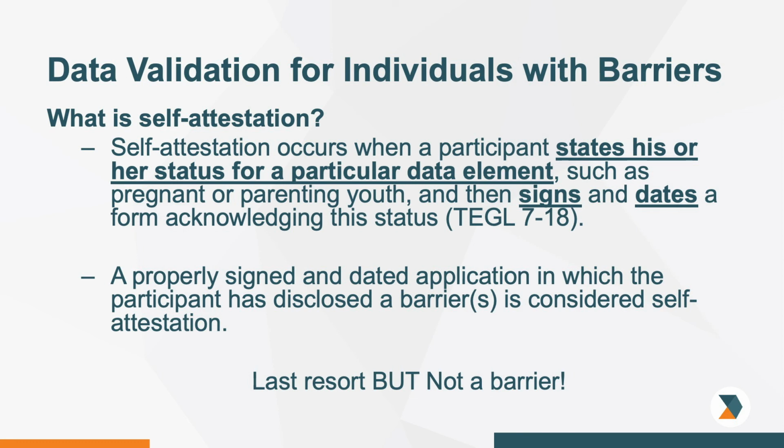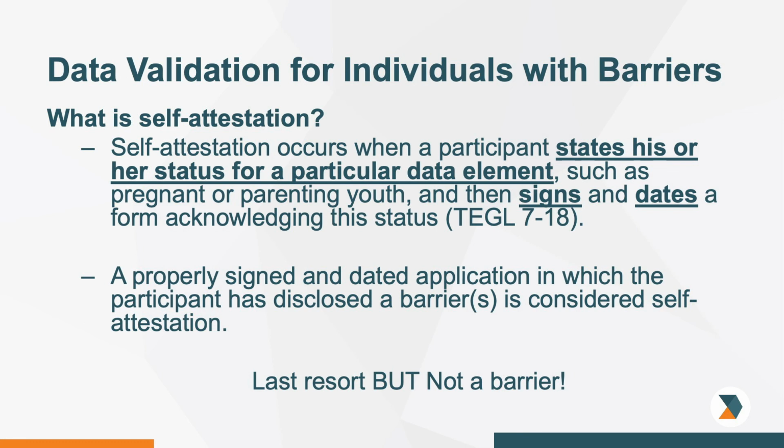That's not allowed. However, there are other instances in which you can use self-attestation for eligibility purposes, but only as your last resort. You cannot say that all of the participants you're serving are determined eligible based on a data element that you are validating with self-attestation all the time.